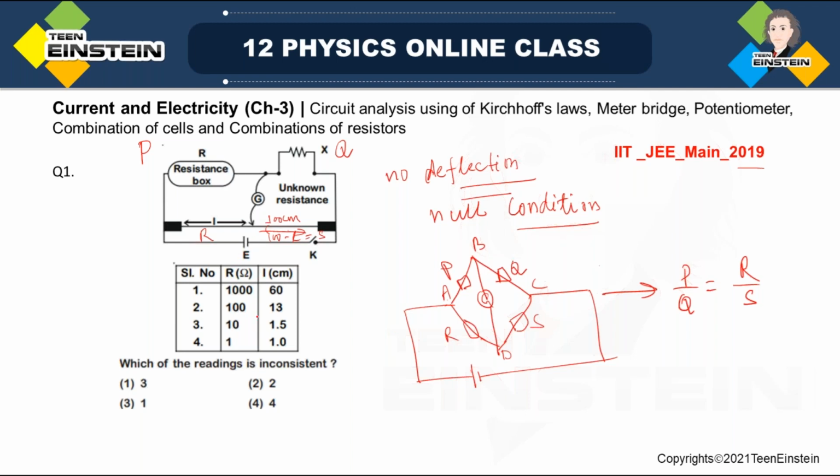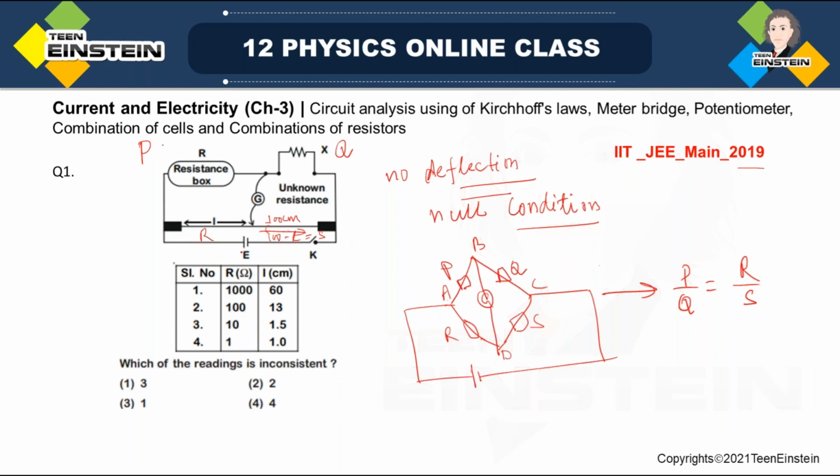Now let me tell you about this table. This table gives some readings of the experiment. There are 4 readings, and you are asked to find out which of the readings is inconsistent.